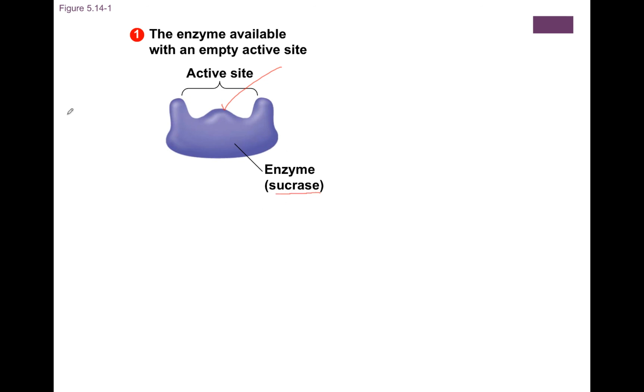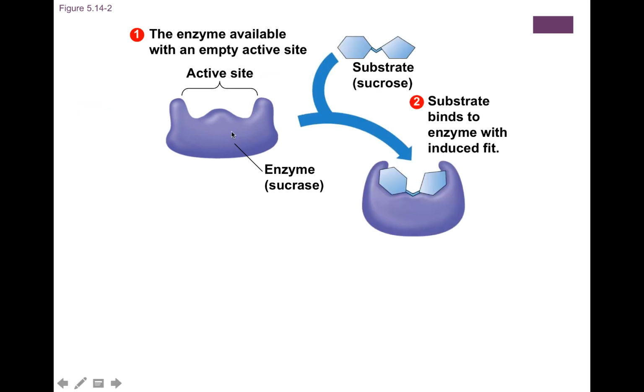Now, a quick little side note, you're going to see enzymes are referred to as something that ends in ase. A-S-E. All right. So the substrate in this situation is sucrose. Remember, sucrose? Sucrose is a disaccharide.